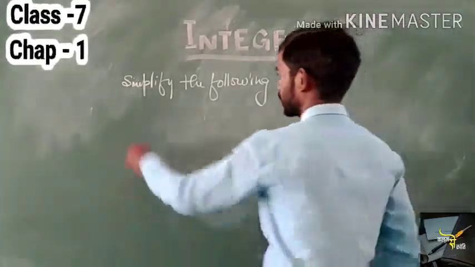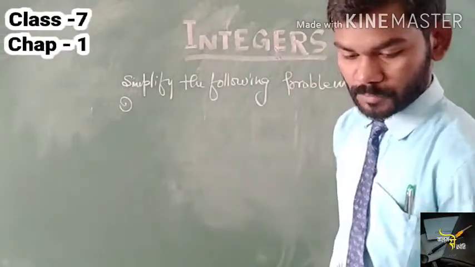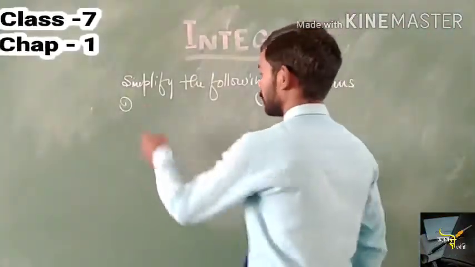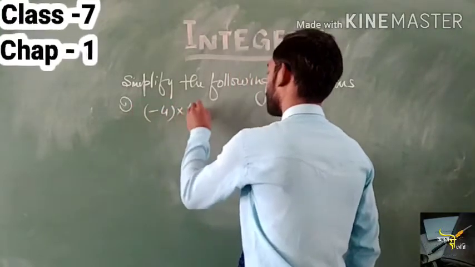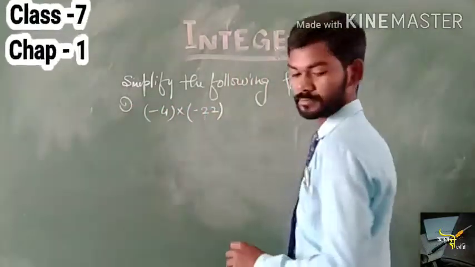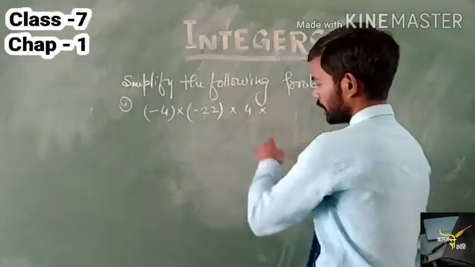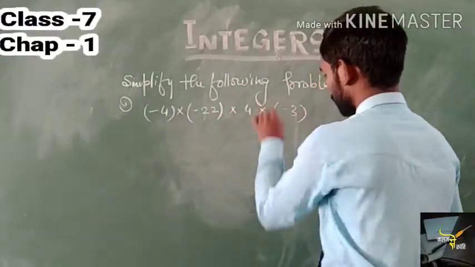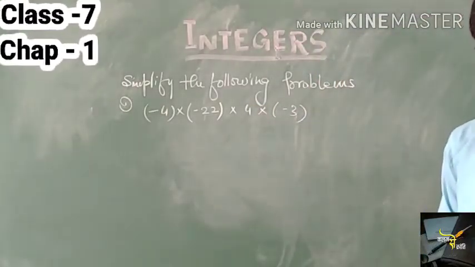And the first question is -4 multiplied by -22 multiplied by 4 and multiplied by -3. This is the given question.